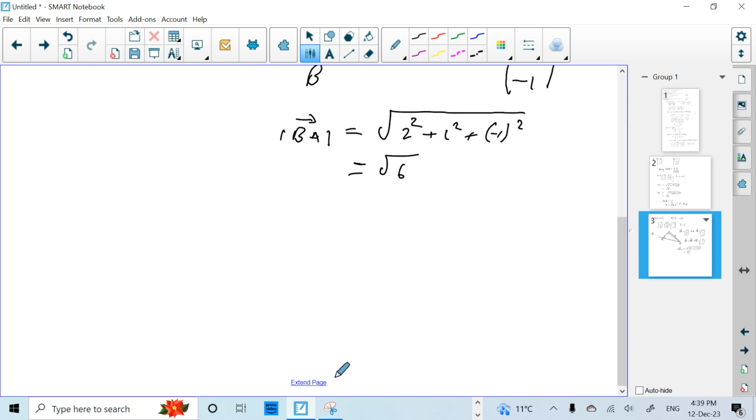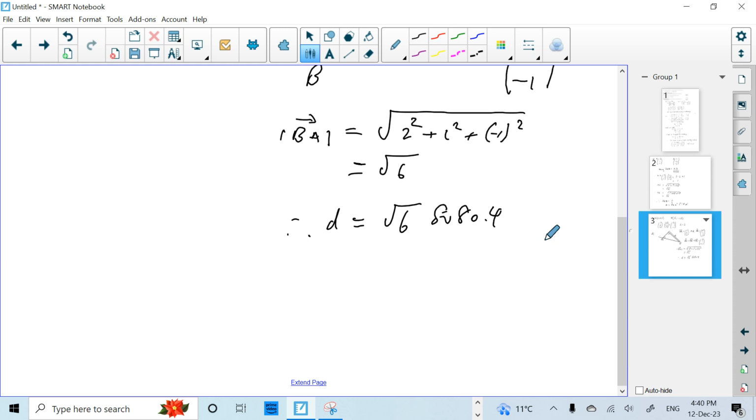And extending our page, therefore I can say D, the distance, must be equal to the root of 6 multiplied by the sine of the angle that we previously found, the sine of 80.4. Let's just make sure that everything is okay.